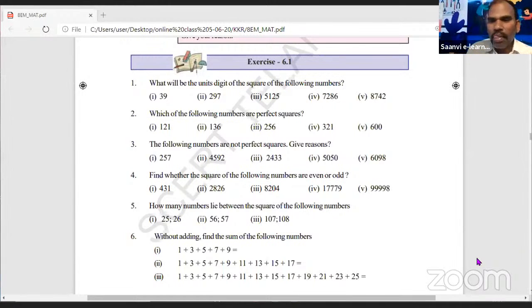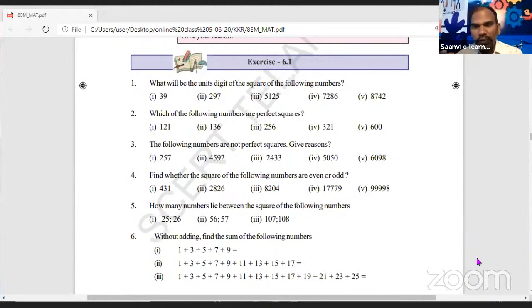So these are all not perfect square numbers, because perfect square numbers' unit places are 1, 4, 5, 6 and 2 zeros.